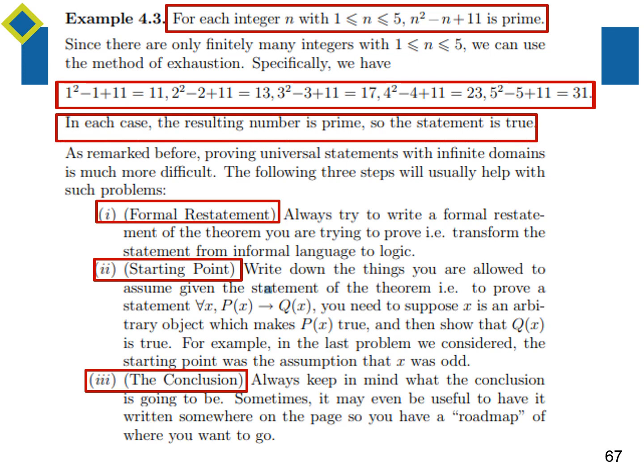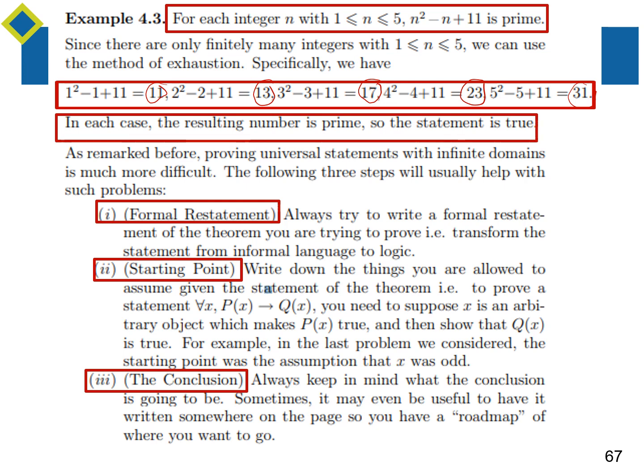If we replace the value of n, we get 1 squared minus 1 plus 11, which is 11, and so on. So this is a prime, a prime number, a prime number. So in each case, the resulting number is prime, so the statement is true.